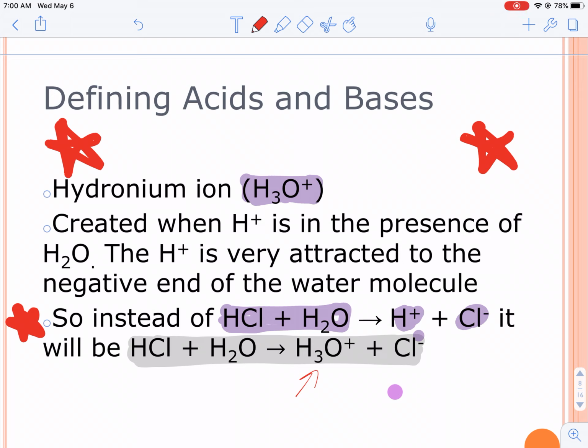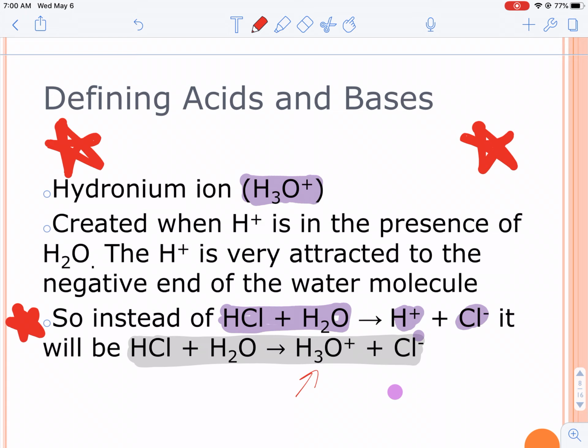If you take a weaker acid like sulfuric acid, H2SO4, and you add that to water, you're going to get some hydronium ions. You're going to get some HSO4 minus ions. You're going to get some SO4 2 minus ions. You're going to have a bunch of different ions floating around in this solution.